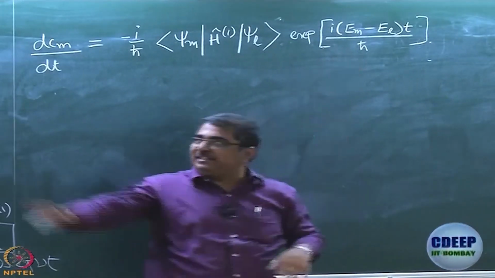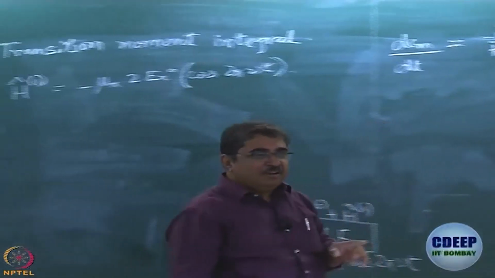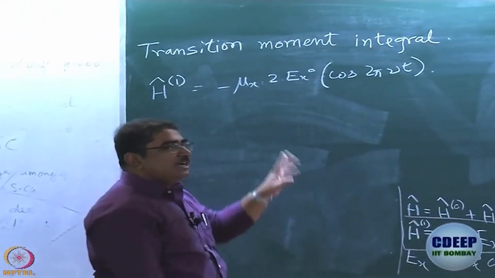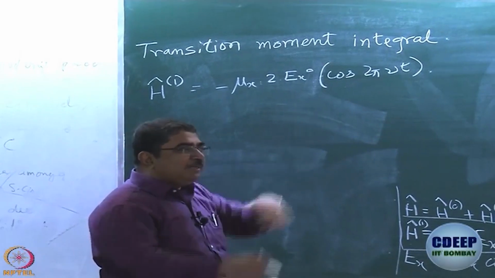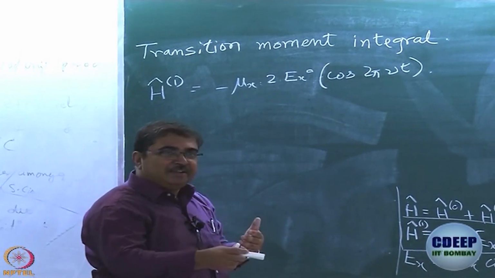Okay. If I write this cosine in the exponential form, then it should become easier to handle this problem. Okay. So, please understand the line of thinking.